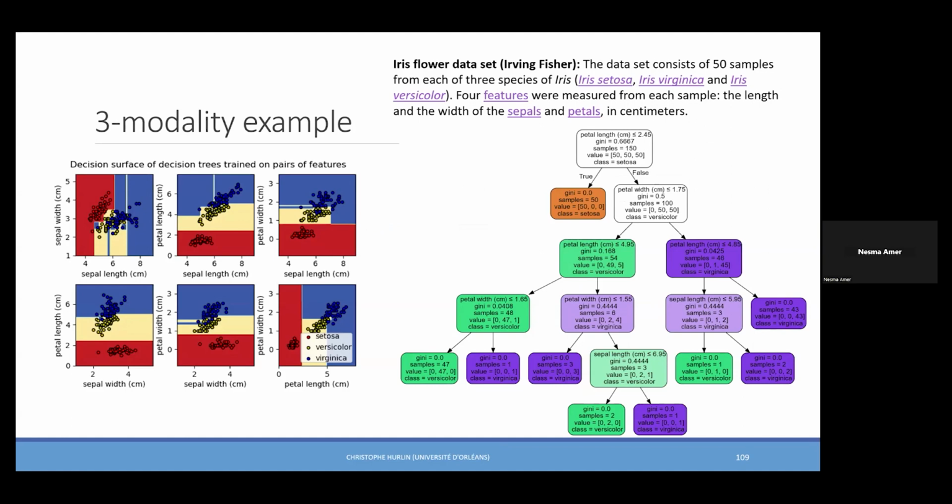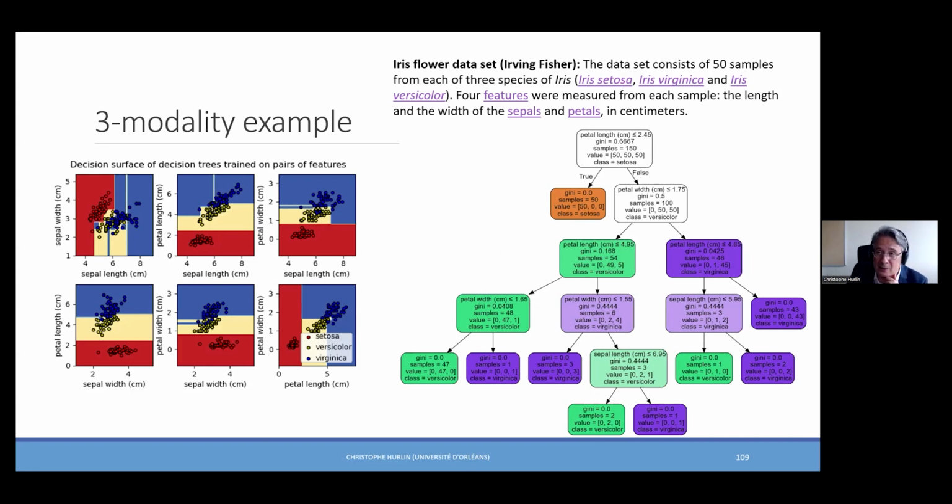Gini. Yes. Was 0.67. Yes, because I said that the maximum value of the Gini is equal to 0.5, but in a classification problem with 2 modalities, with a binary target variable. So in my example, Y takes only 2 values, 0 and 1. Here, this is a classification problem with a categorical variable with 3 modalities.